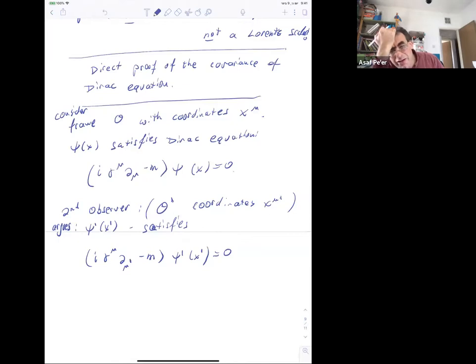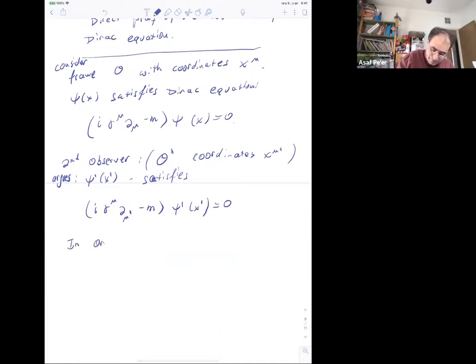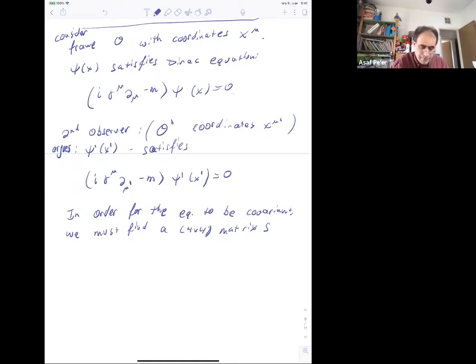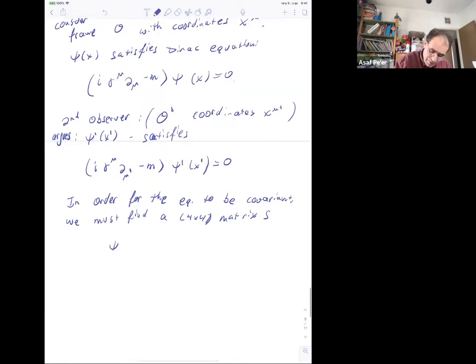Now, that means that if the Dirac equation is to be covariant, then we must find a 4x4 matrix S that transforms the wave function between the two frames, such that psi prime of x prime is S psi of x.